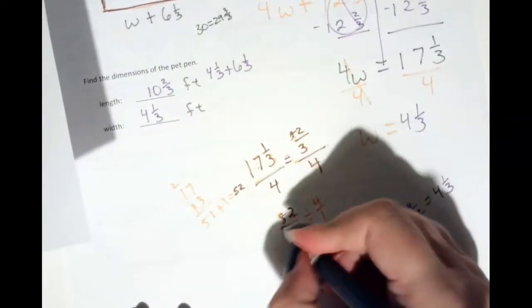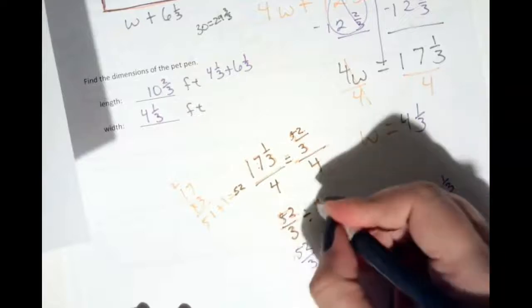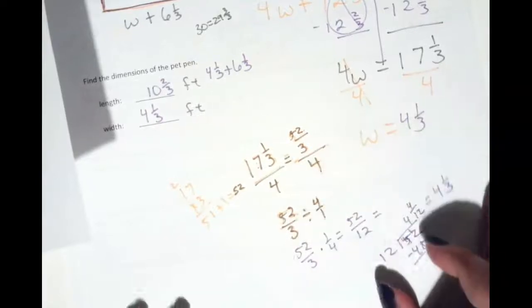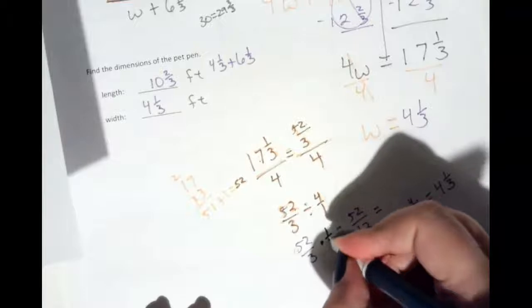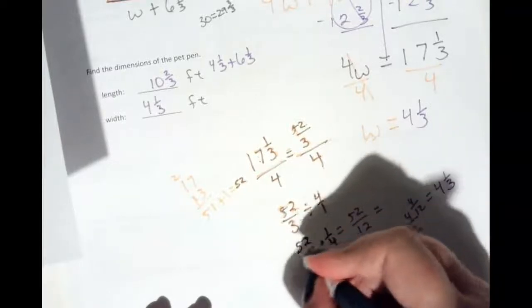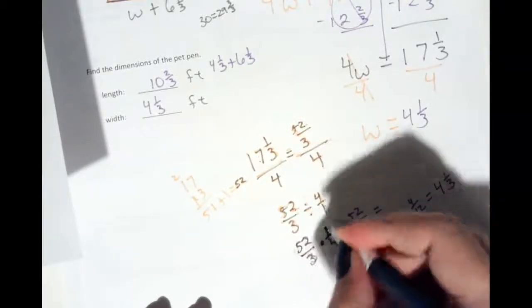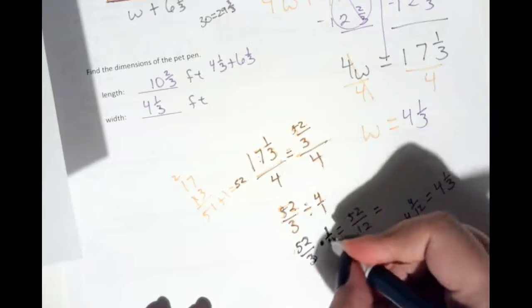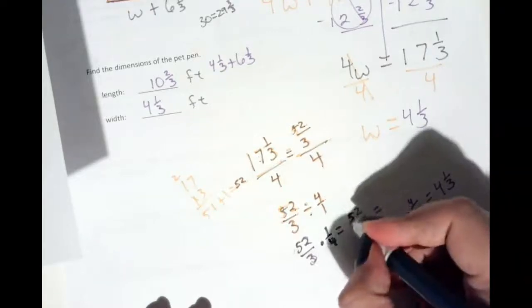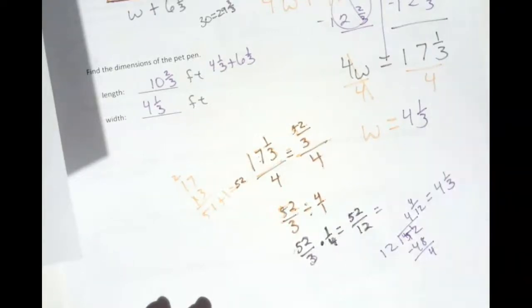So 52 thirds divided by 4/1. And you divide fractions by multiplying by the inverse. So 52 thirds times the inverse of 4/1, which is 1/4, gives me 52/12.